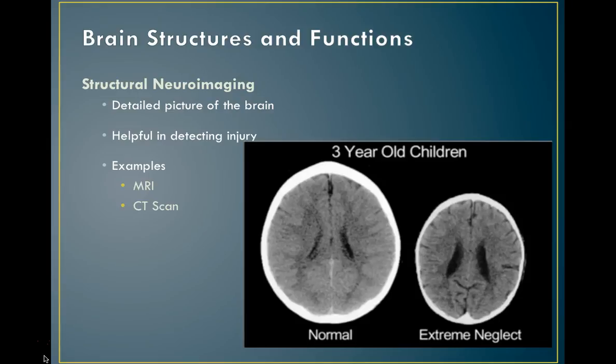You can see here on the left the structure of a typically developing 3-year-old child's brain who's been in a nurturing environment, as opposed to the brain of a child who has been in an extremely neglectful environment. You can see that left brain is lush, it's thick, it's got tons of gray matter, lots of connections, and in the more impoverished environment, the child's brain certainly has developed quite differently.